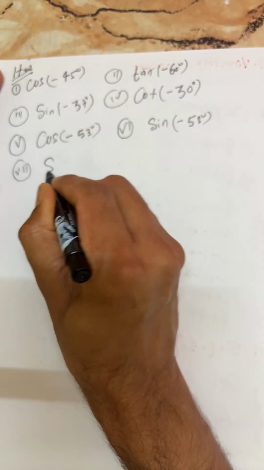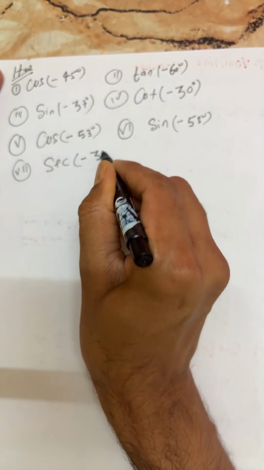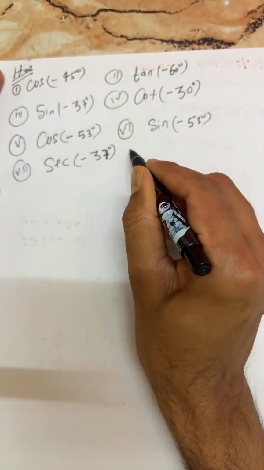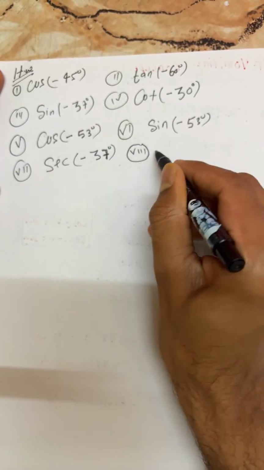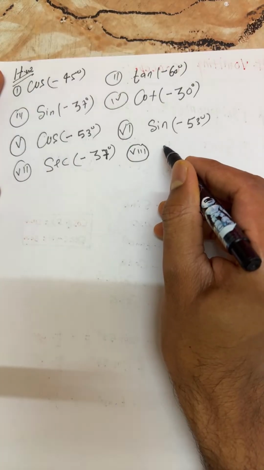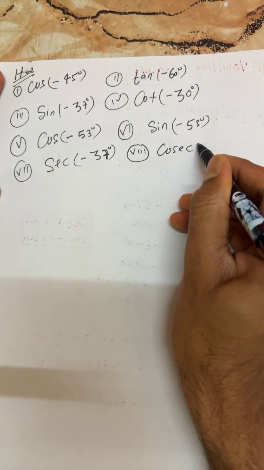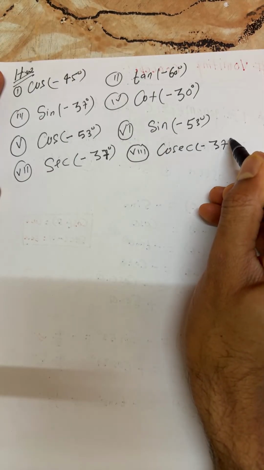Seventh, sec of minus 37 degree. And eighth, cosec of minus 37 degree.